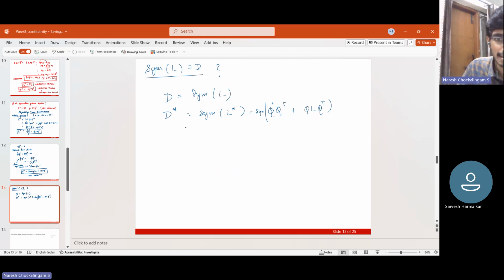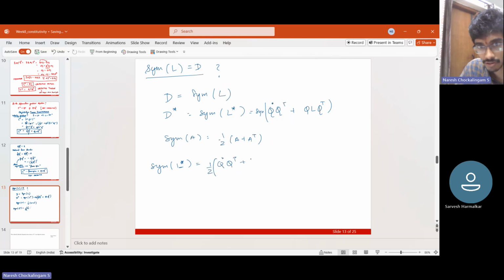So how do you get the symmetric part? The symmetric part of a tensor A is half of A plus A transpose. And in this case, the symmetric part of L star is half of Q dot Q transpose plus Q Q dot transpose plus Q L Q transpose plus Q L transpose Q transpose.